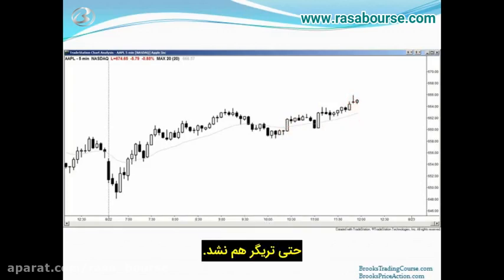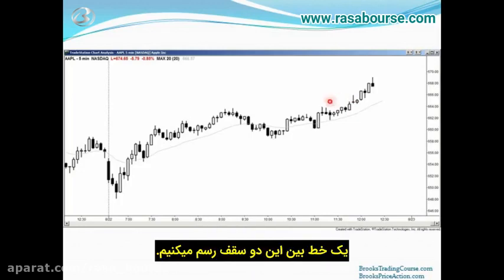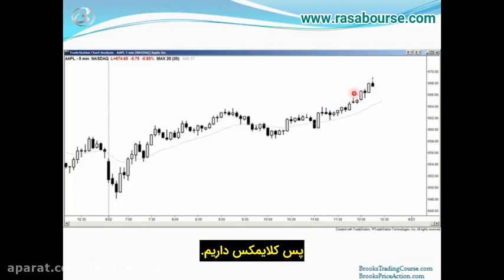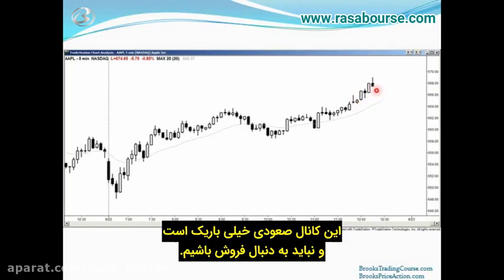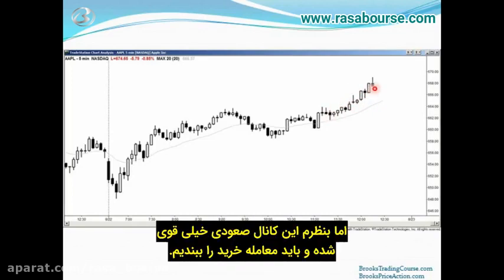It didn't even trigger. The market rallied higher, and now we're starting to become parabolic. We have the slope between these two highs, and then the slope even gets steeper between these two highs. So this is getting climactic. We're late in the day, and we have a very strong bear signal bar. The channel up is too tight, I think, to be looking for shorts, but it's strong enough, I think, to exit longs.